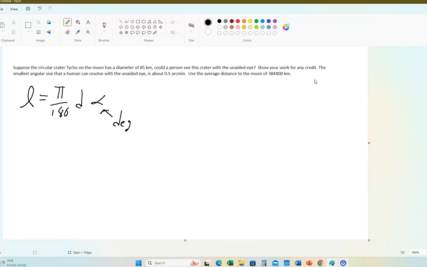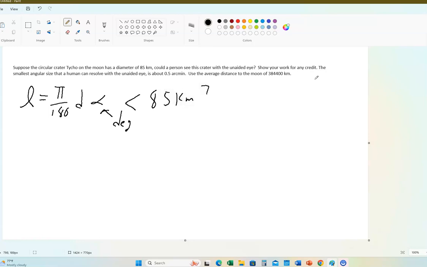Once we get an answer, the real question is, is this number bigger or less than 85? I already know that it's going to be less than 85 kilometers.